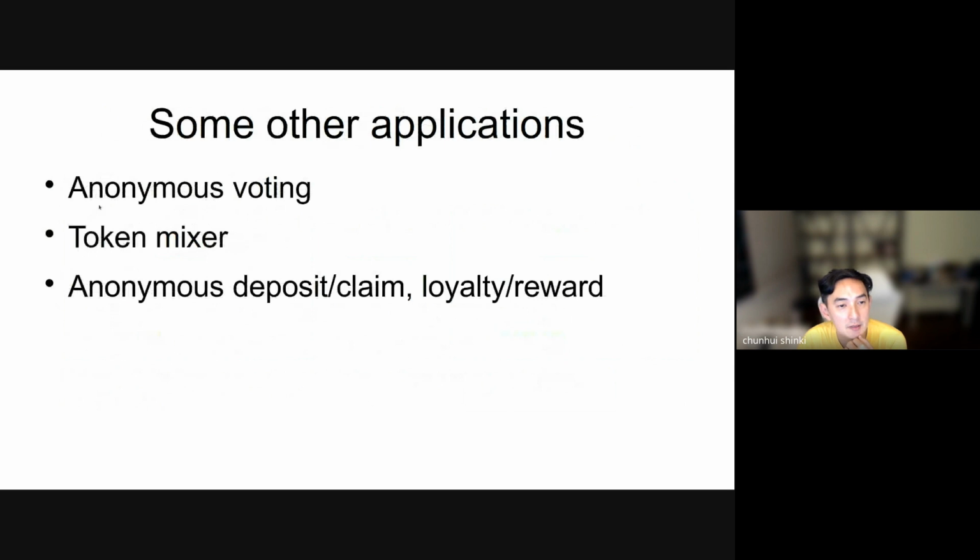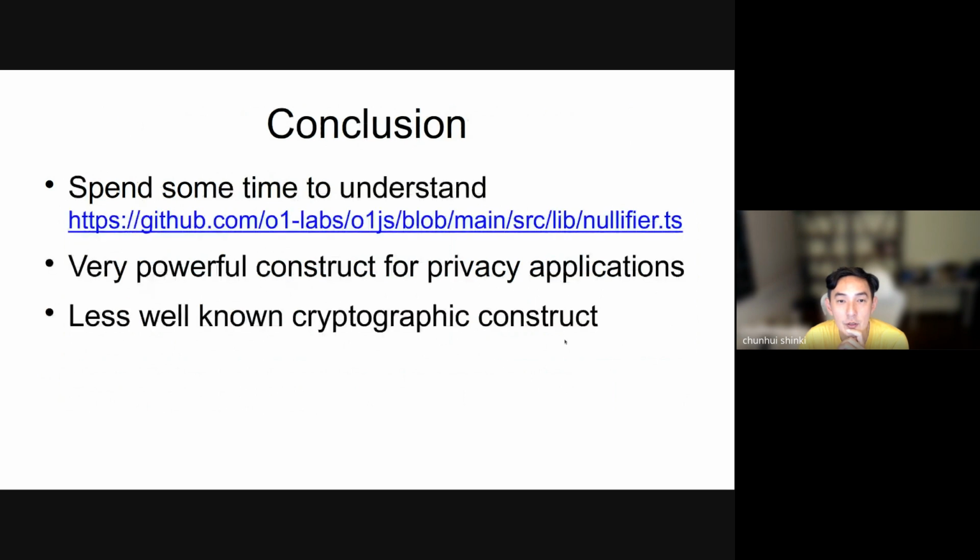A similar structure can be used for token mixers, any kind of anonymous deposit and claim system, even a loyalty and reward program, where you want to be able to give rewards and allow people to claim them in an anonymous way. So this is a really quick run-through of some of the things that I've come to learn about nullifiers itself.